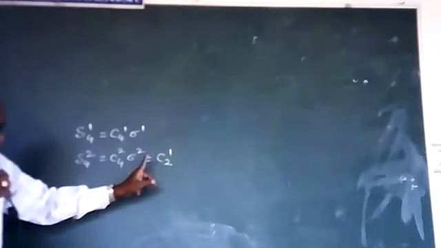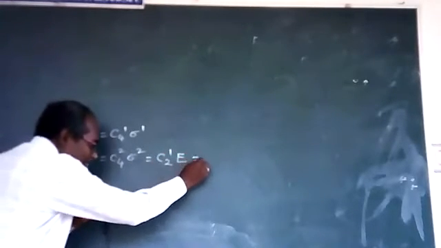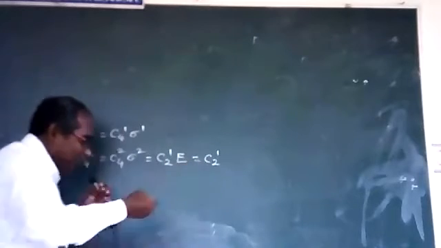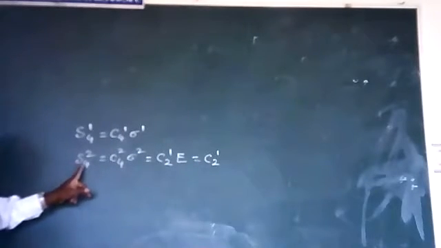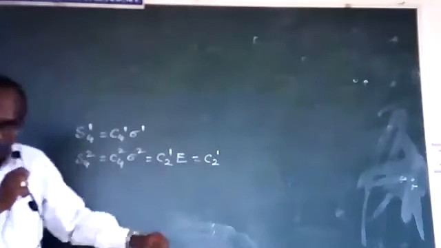Whereas sigma twice is the identity E. Anything multiplied by identity E will reproduce the original element. Therefore, this is equal to C2 once. So if S4 is done twice, it is equivalent to performing C2 once.